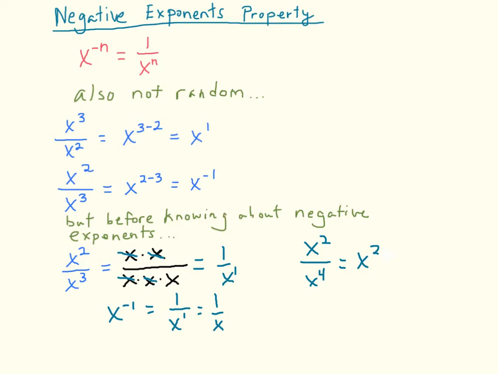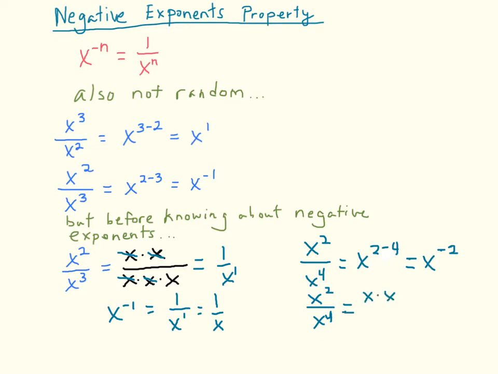So this would be x to the 2 minus 4, or x to the negative second. But if I looked at this in terms of canceling, I realize what the meaning of x to the negative second is.